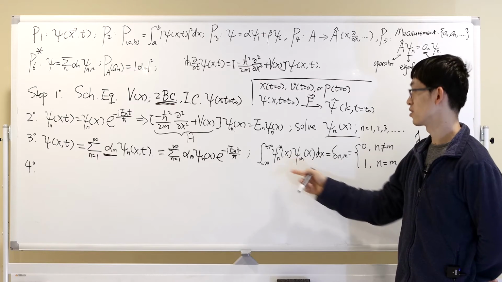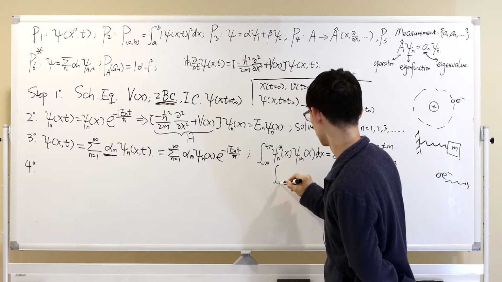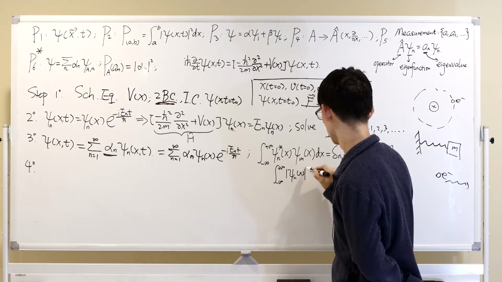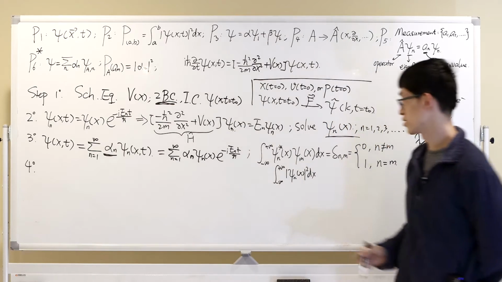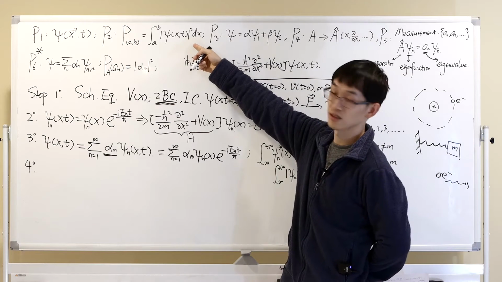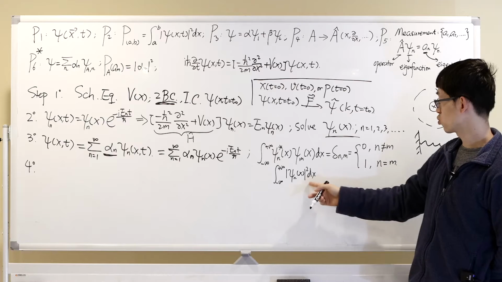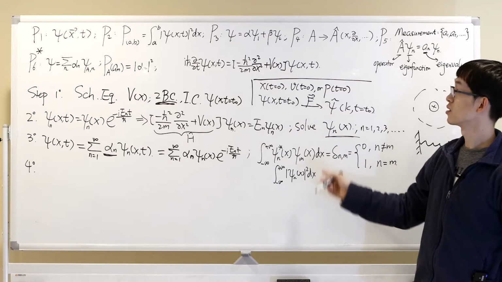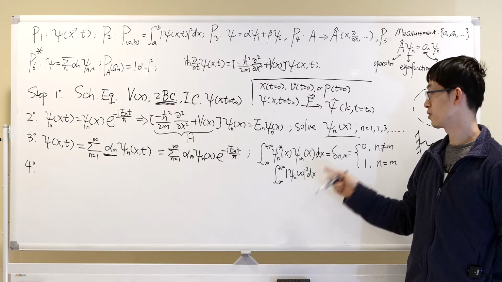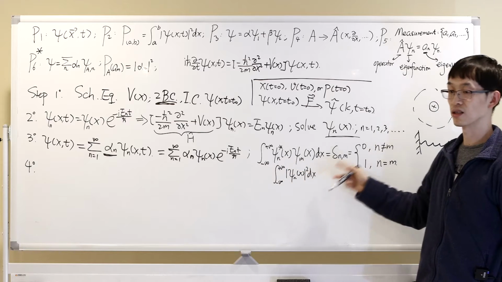And if they're the same, then you're just doing this inner product, which is the same as your postulate 2. This one has to go to 1 because it represents the probability of finding the electron from minus infinity to infinity, right?